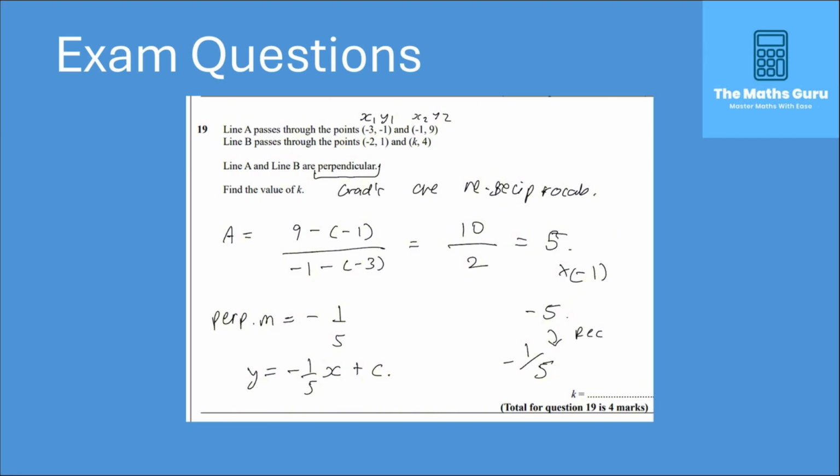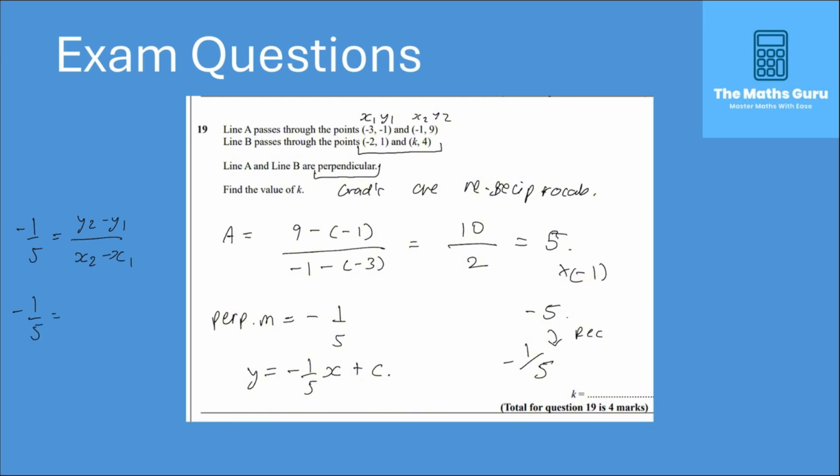Now, we can equate our line B gradient to negative a fifth. So we know that the gradient function, when we apply the formula, is going to equal negative a fifth. So negative a fifth is equal to y2 minus y1 over x2 minus x1.